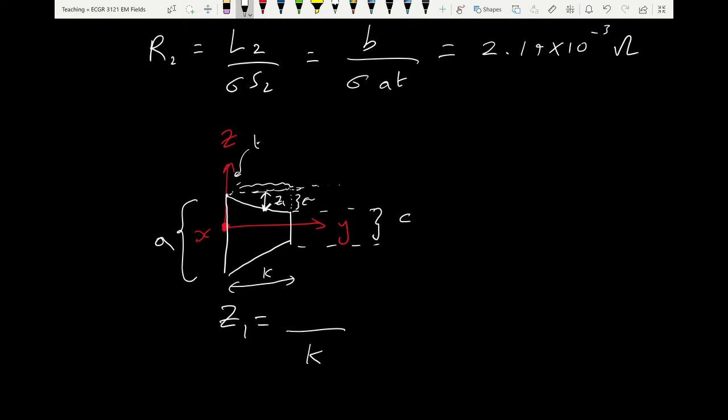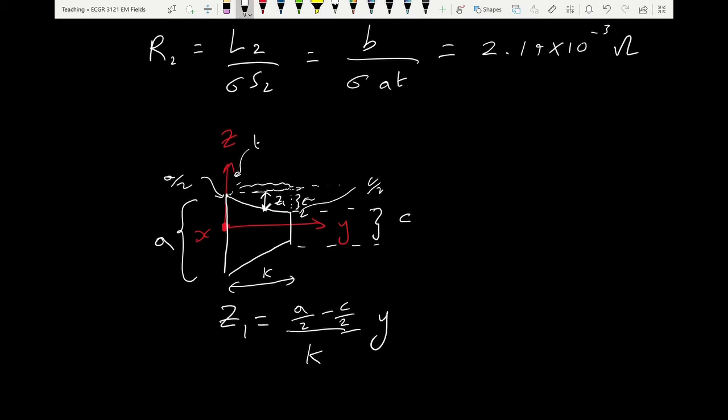What's this distance? I can write it as a over 2, because this point is a over 2, and this point is, we said, c over 2. So it's going to be a over 2 minus c over 2, over k, times y. Okay, so this Z1 varies.